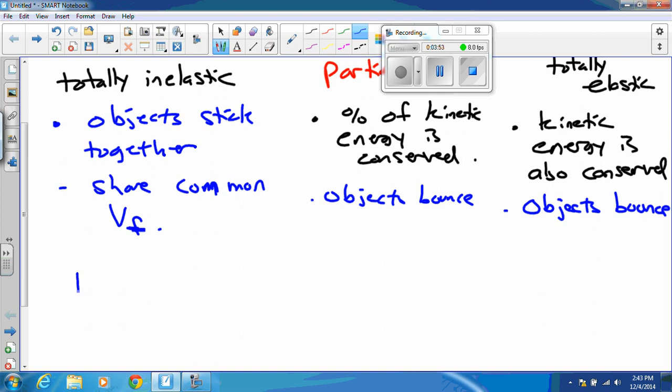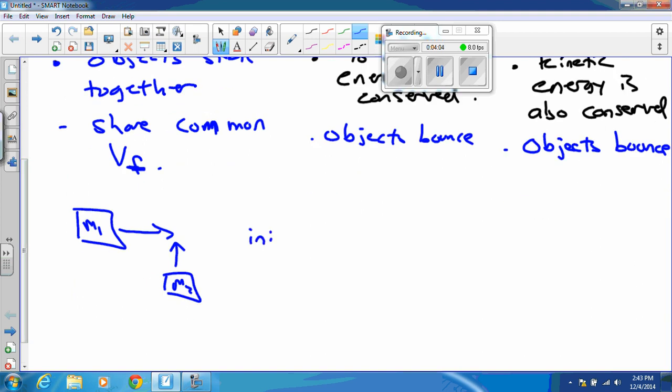Okay, let's draw some pictures so we understand what we're talking about here. With a totally inelastic collision, we're going to have some kind of initial situation, maybe like this. And then we're going to have a final situation, and because the objects are stuck together, we're going to treat them as one object of combined mass, m1 plus m2.